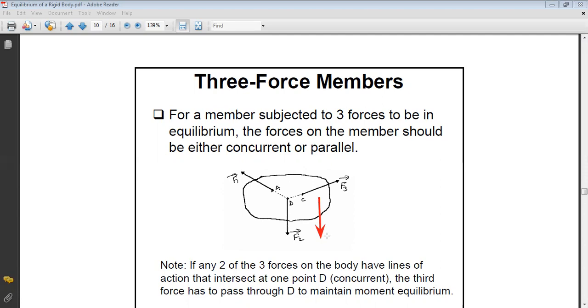So the equilibrium condition requires that the sum of forces equals zero and the sum of moments also equals zero. Okay, so here, if F2 passes by D, you will ensure that the sum of moments about D is zero and you will satisfy the equilibrium condition. Okay.